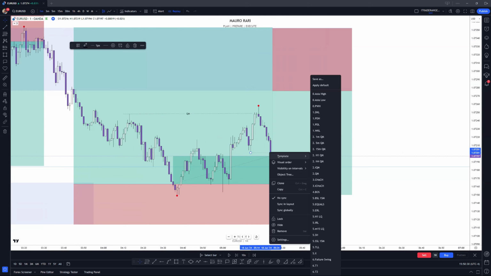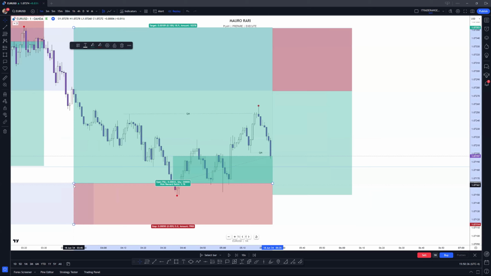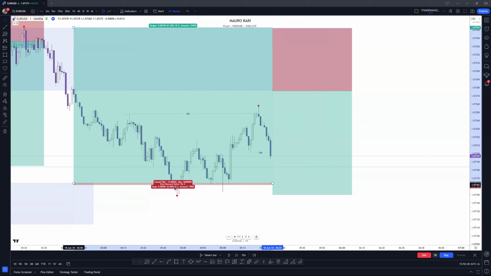So now I have 2 choices. I can either keep trusting this trade, manually close this trade because I have an opposite QM, okay, or put this QM in break even. Okay, so let's see what happened.